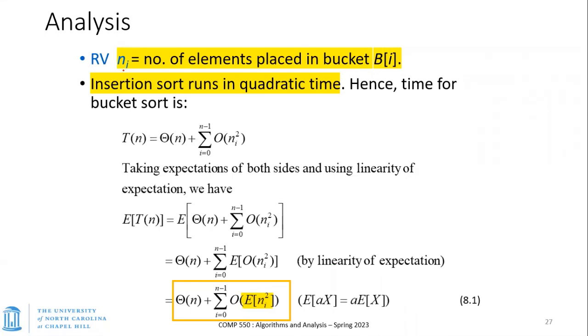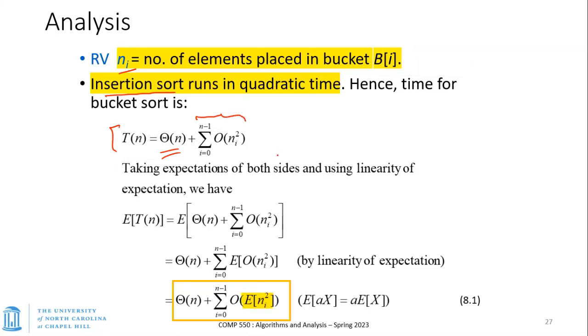So we're going to say, well, let n sub i be the number of elements placed in bucket i. Okay, n sub i is now the number of elements placed in bucket i. And if we're assuming that, and we're given that insertion sort runs in quadratic time, so you can say that the time complexity is theta of n. Why? Because if it wasn't for the quadratic portion, it would simply be theta of n, plus the time to do the sorting.